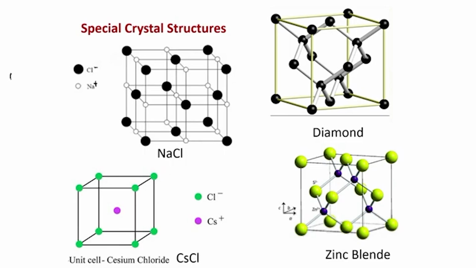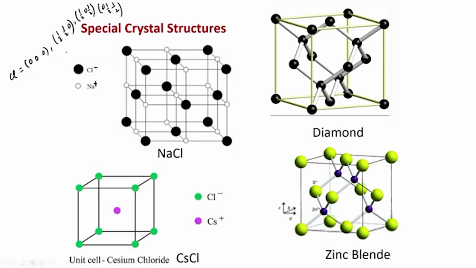So, Cl atoms in NaCl are at 0, 0, 0, and then half, half, 0. We will write it without the unit. So, these are the coordinates. And then we have half, 0, half, and we have 0, half, half.